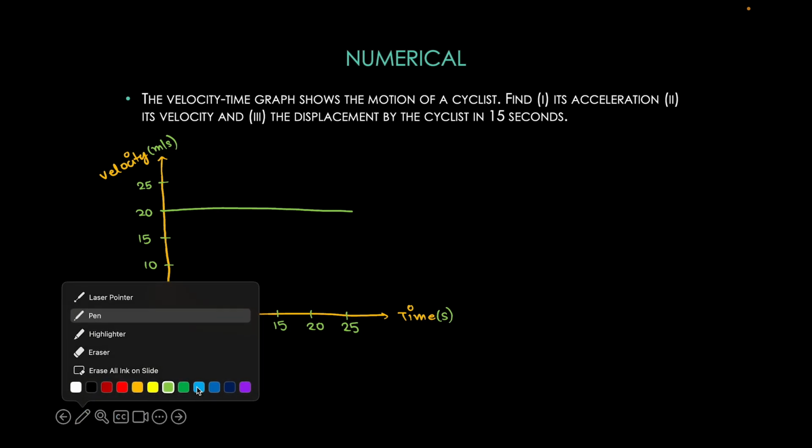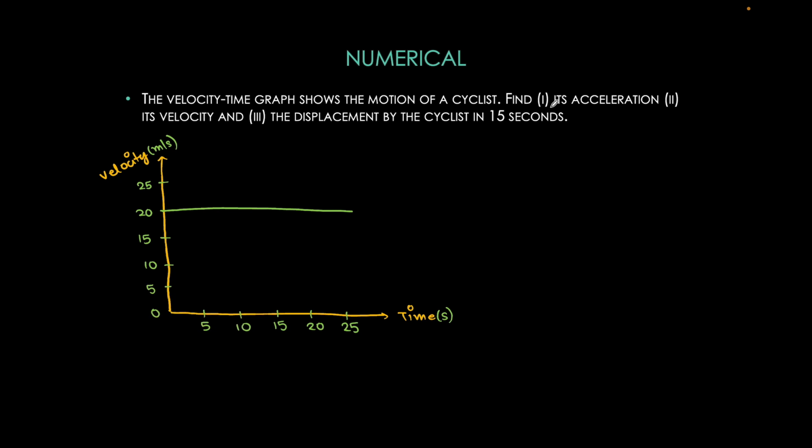Now we are asked to find its acceleration. So we know that acceleration is basically the slope of velocity time graph, right? Now we can see that the curve given is a straight line which is parallel to the time axis or the x-axis.